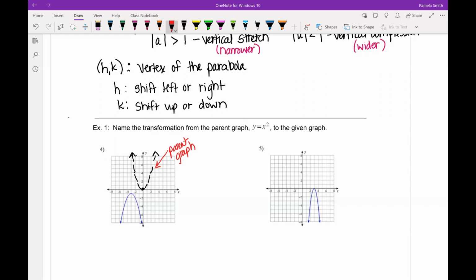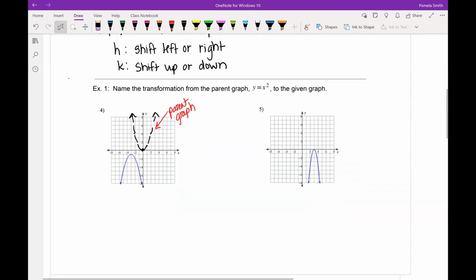What had to happen to that graph to get the blue graph we see there? What transformations? I'm looking for things like shift left, shift right, shift up, shift down, reflect across the x-axis. Those are the descriptions we're looking for on this set of problems.